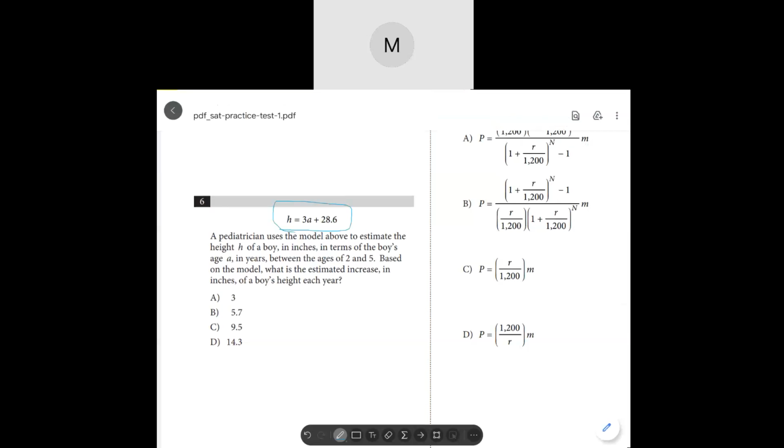And then reading the last part of the question, what is the estimated increase each year? They're talking about rate, and increase every year means what's the increase per year, which is rate. And again, we said that rate is directly related to slope, which is 3 in this case. When we compare to y equals mx plus b, m is 3, and that's the slope. So the estimated increase in height is 3 up front.